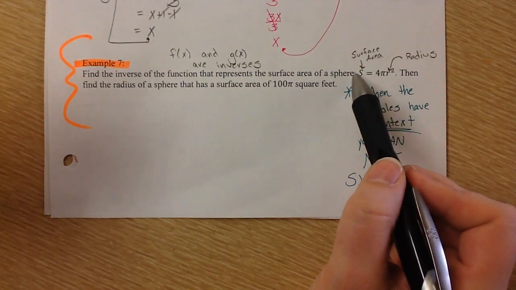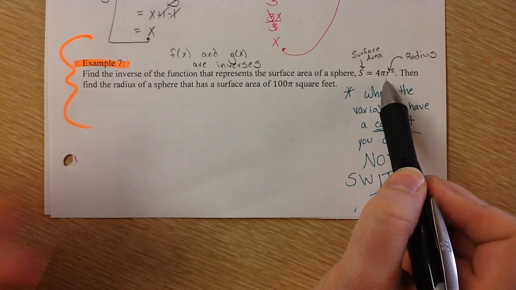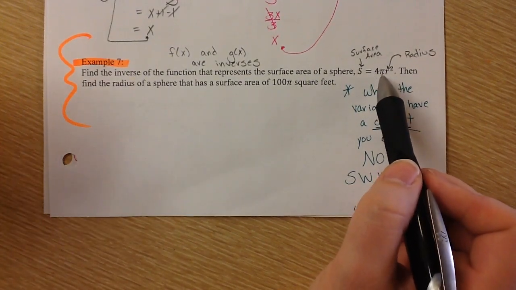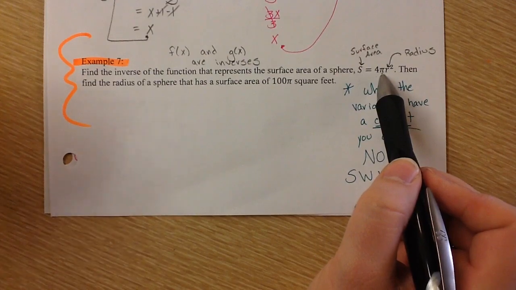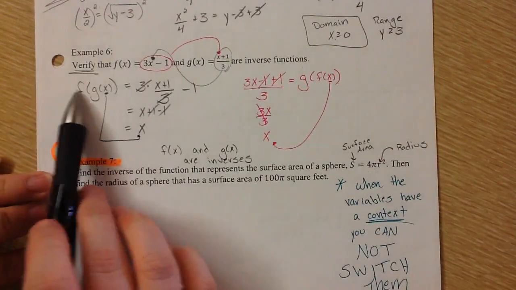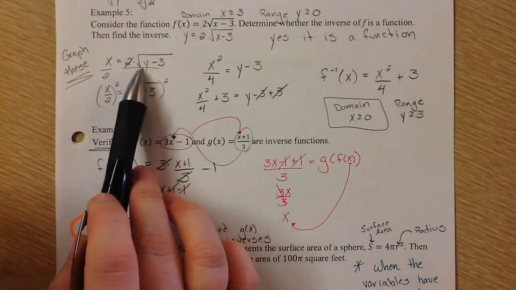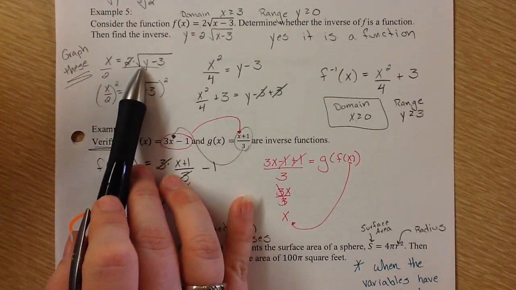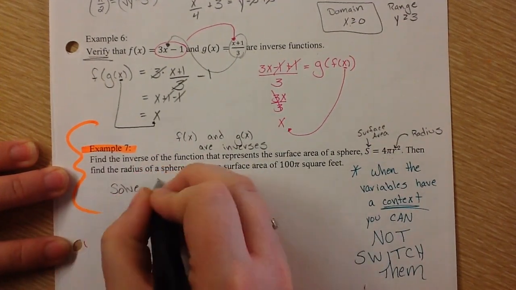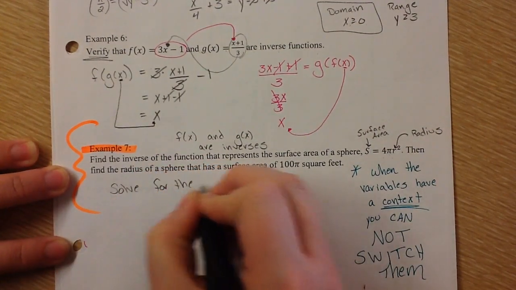Mainly, to find the radius, I take 4 pi times the surface area squared. That makes no sense. So when it has a context and you need to find the inverse, you do basically what we did in this process here. You just don't flip-flop the variables. You solve for the other variable.